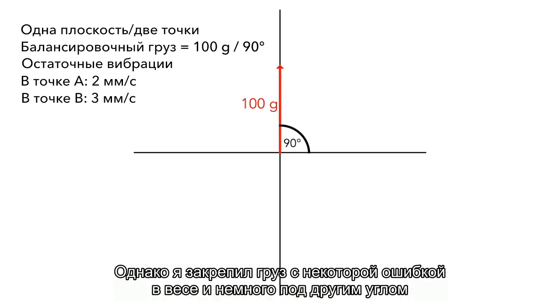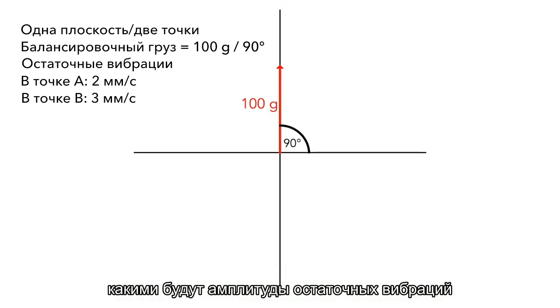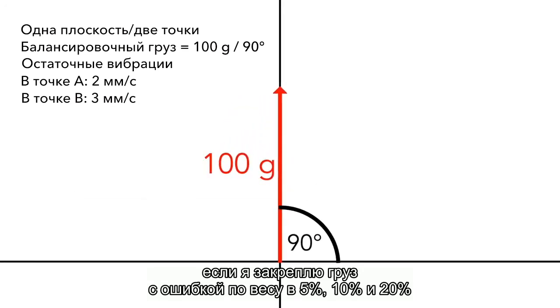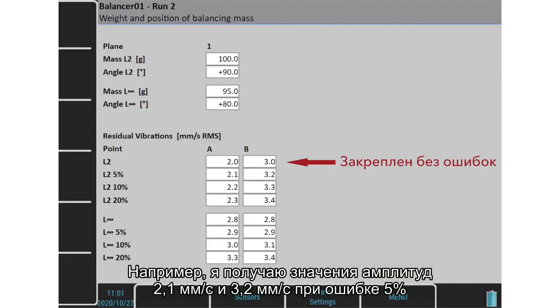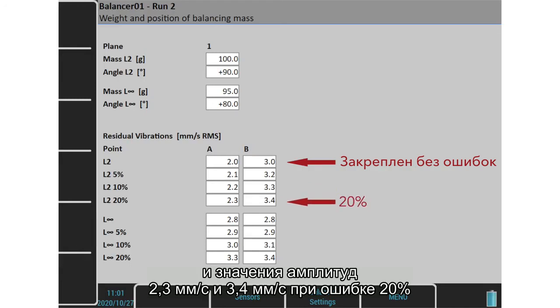But I mount the mass with some error in weight and angle. The percentage residual values informs me what would be the residual amplitudes if I mount the mass with 5%, 10% and 20% error. For example, I get 2.1 and 3.2 amplitudes for 5%, 2.2 and 3.3 amplitudes for 10%, and 2.3 and 3.4 for 20% error.